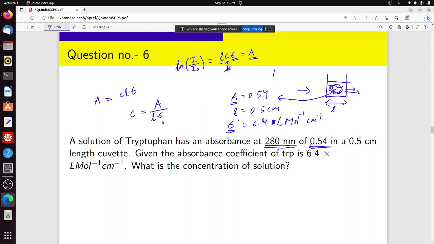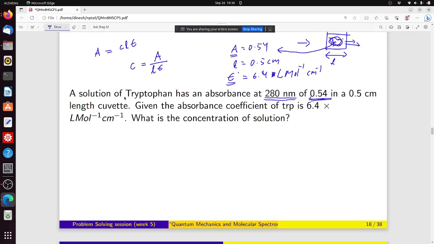Any doubts? Okay, we have A, we have L, we have epsilon also.